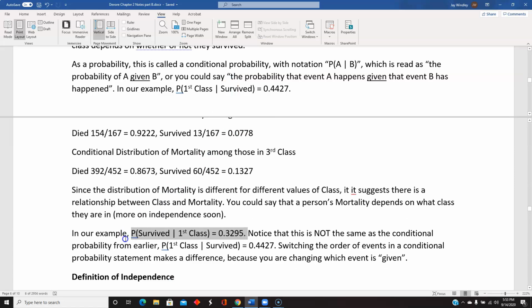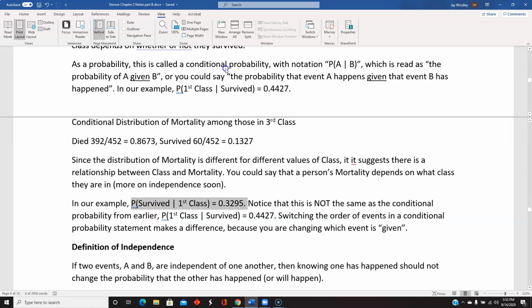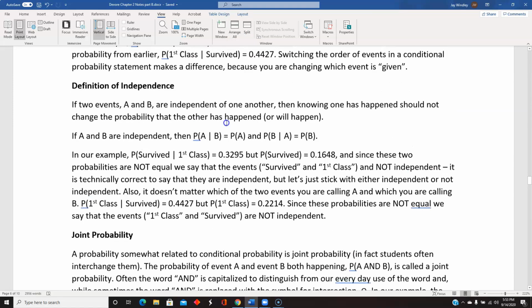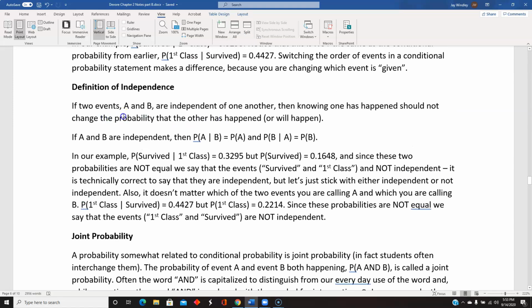So that's a segue to a natural conversation about independence. So if two events are independent, then knowing that one event has happened does not change the probability that the other event happens.